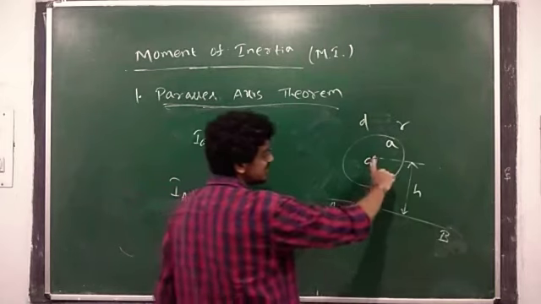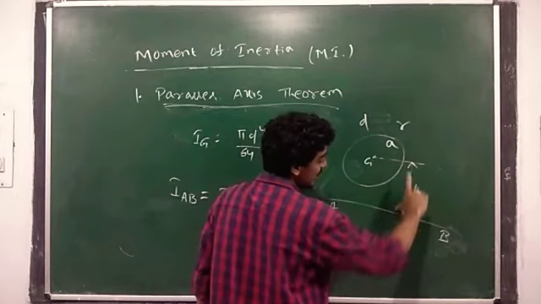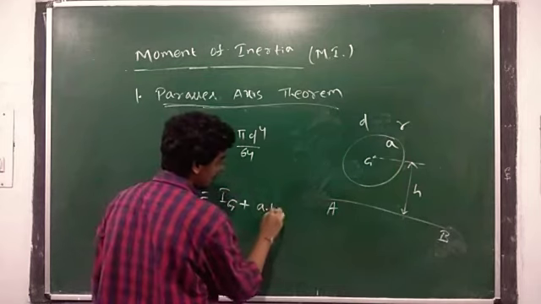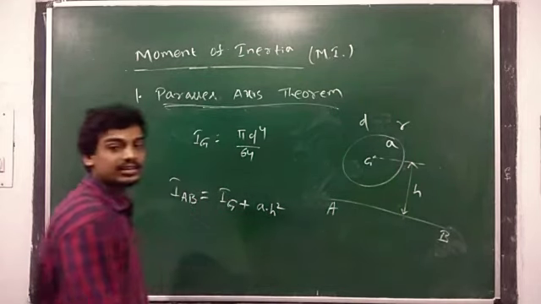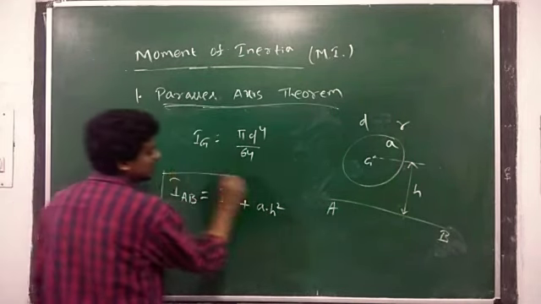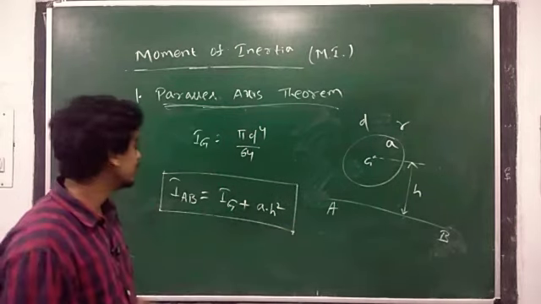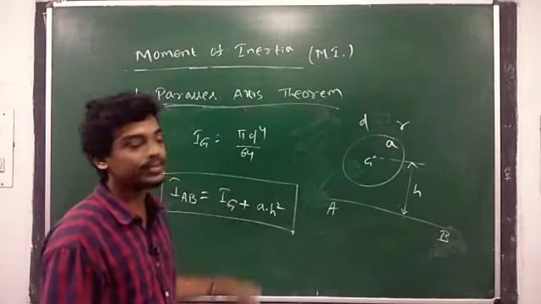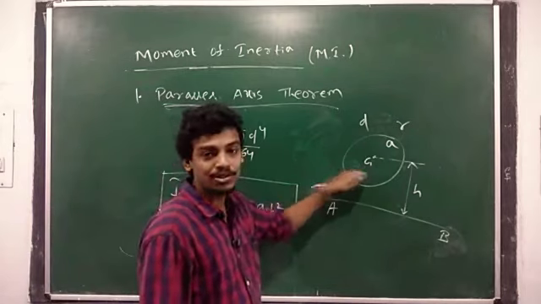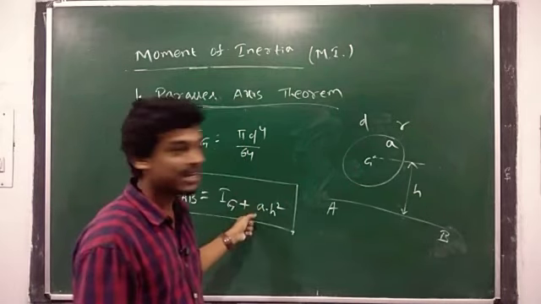So the distance from the central axis to that line, that will be h. The square of that will give you the moment of inertia about AB line. So this is the parallel axis theorem. So in any case you can calculate this value by using parallel axis theorem.